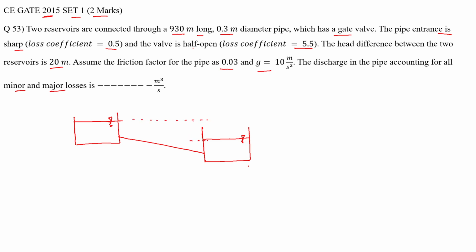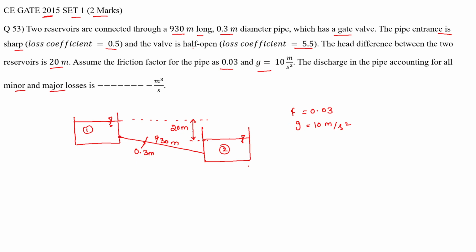The difference in height of water level at these two locations is given as 20 meters. Let's say this is the first reservoir and this is the second reservoir. The pipe diameter is 0.3 meters, the length is 930 meters, the friction factor is 0.03, and g is 10 meter per second square.